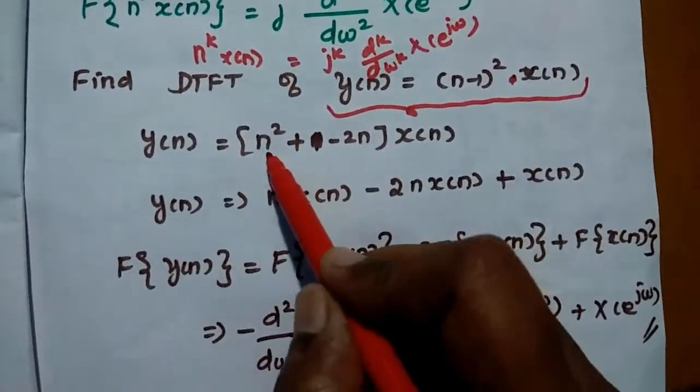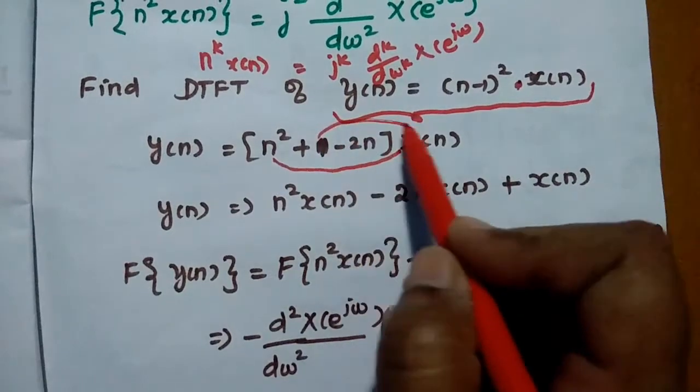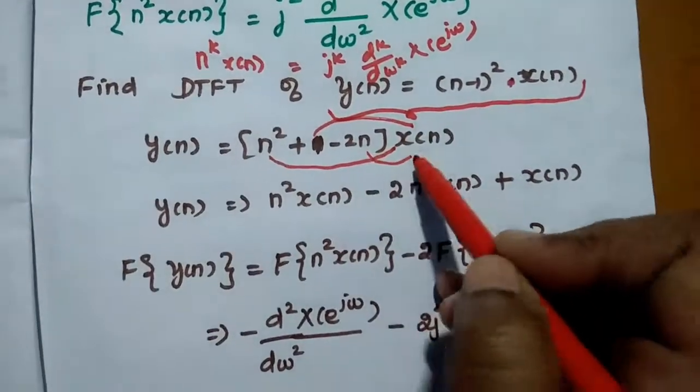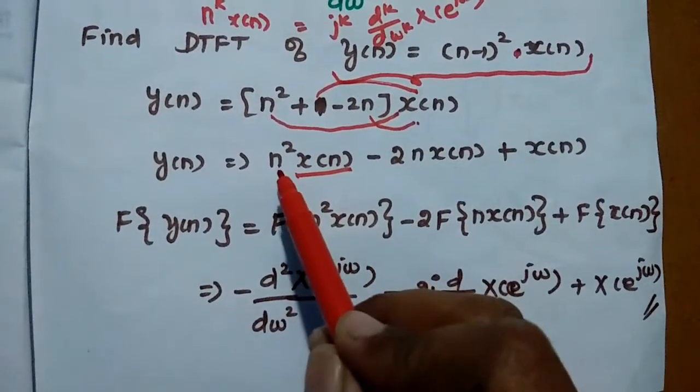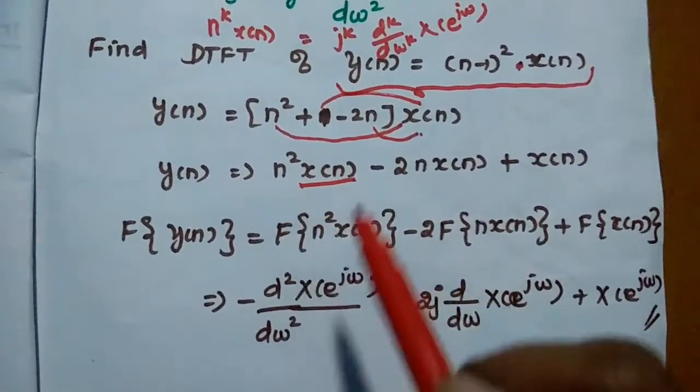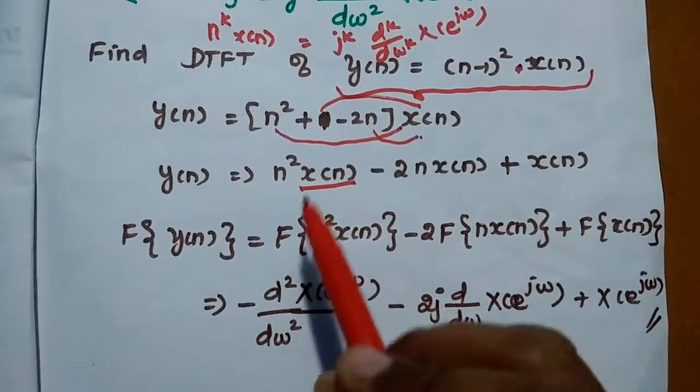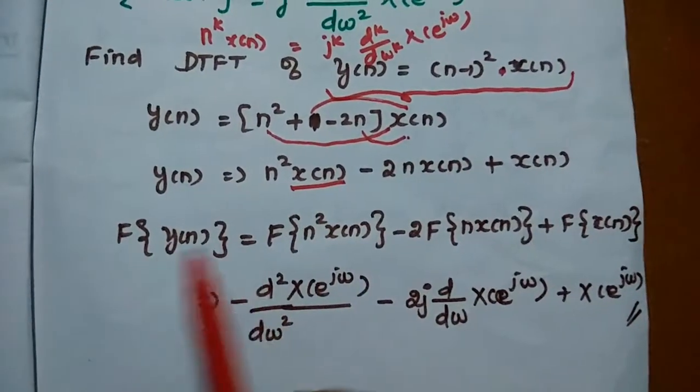So we can expand the signal: n squared into x of n, plus 1 into x of n, minus 2n into x of n. So we know that a signal multiplied with n is nothing but the differentiation property. So here we are going to take the Fourier transform.